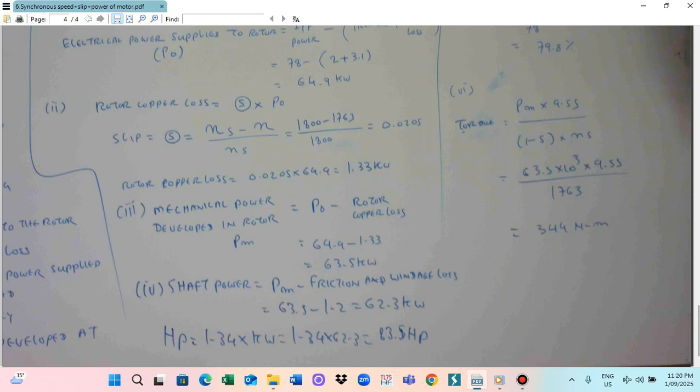And after that, the shaft power. The shaft power is the mechanical power developed in the rotor minus the friction and windage loss, which we already calculated. So shaft power equals PM minus friction and windage loss.